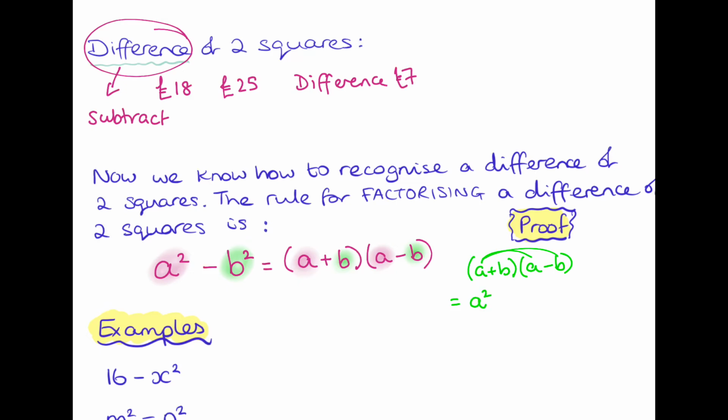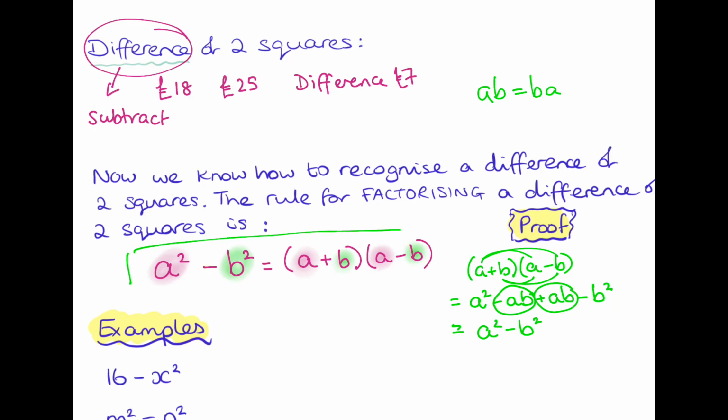A times negative b is negative ab. b times a is also ab, but it's positive ab. Remember, ab and ba are the same thing, because when you're multiplying, it doesn't matter about order. And positive b times negative b is minus b squared. So we've got a negative ab and a positive ab, so they cancel each other out. All we're left with is a squared minus b squared. So we can see that this rule works.